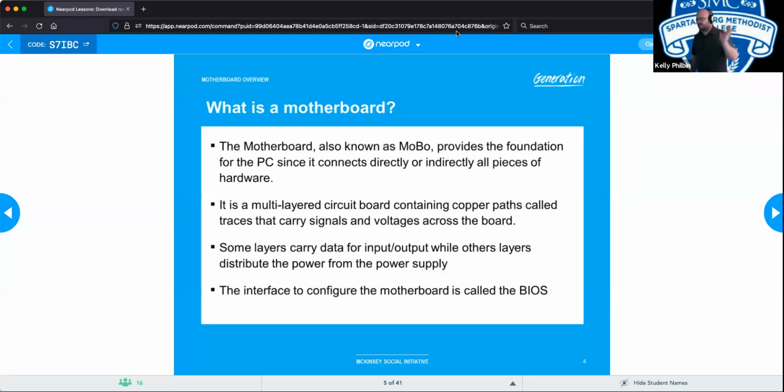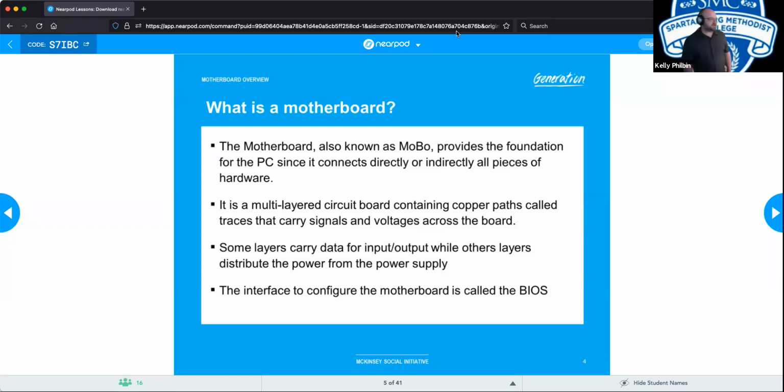Some can carry signals, some can carry voltage or power, some carry both. Some layers carry data in and out. Others specifically just supply power to the components that need it.